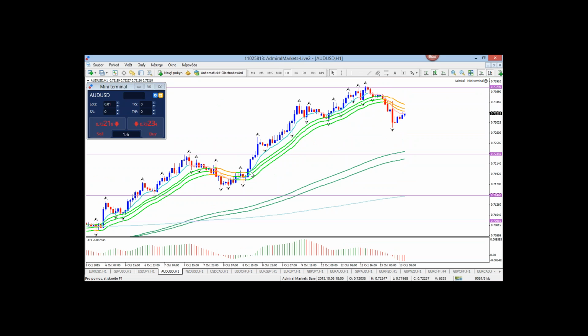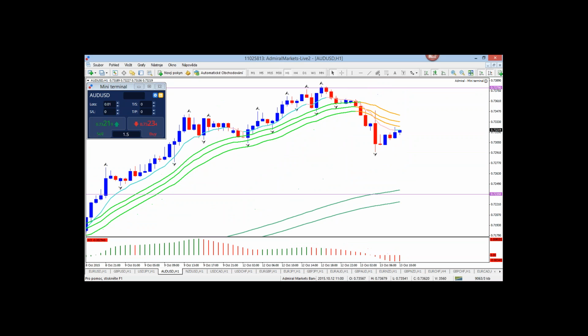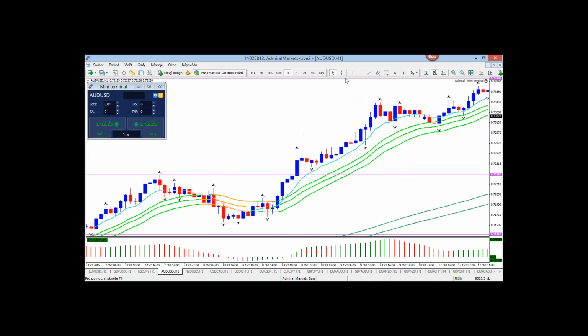I took the entry, I'll show you exactly where, here, on this candle, right here. So it hit level 4, made a pullback to the band. The first candle I was looking for was the first candle with a candle close above the band.